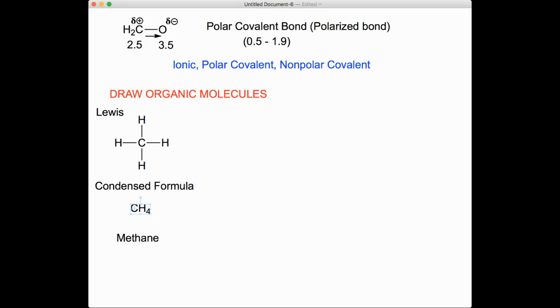Then the next molecule that we can show, the next in terms of complexity, is going to be, instead of having one carbon, the molecule having two carbons. A Lewis structure would be this.